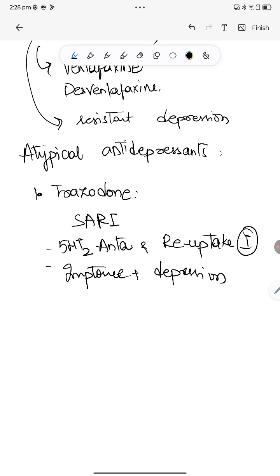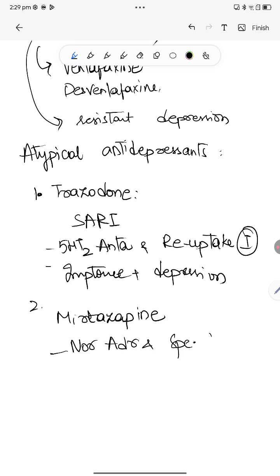Then comes our NaSSA drugs, which includes mirtazapine. Mirtazapine is primarily a noradrenaline and specific serotonin antagonist.